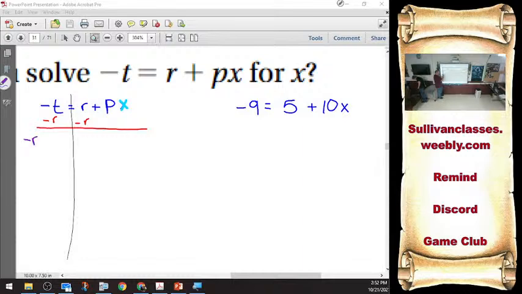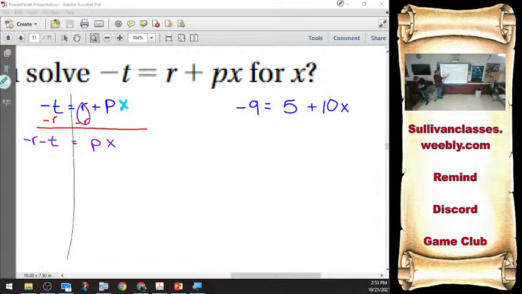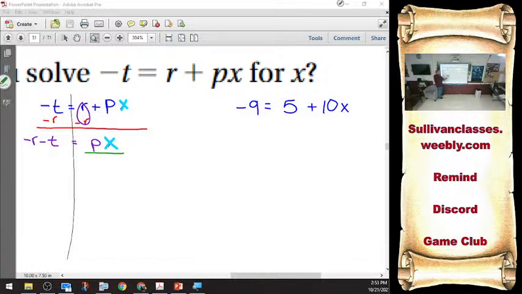So negative R minus T is Px. What do I still need to do to get x by itself? Divide by P. Divide by P cancels.